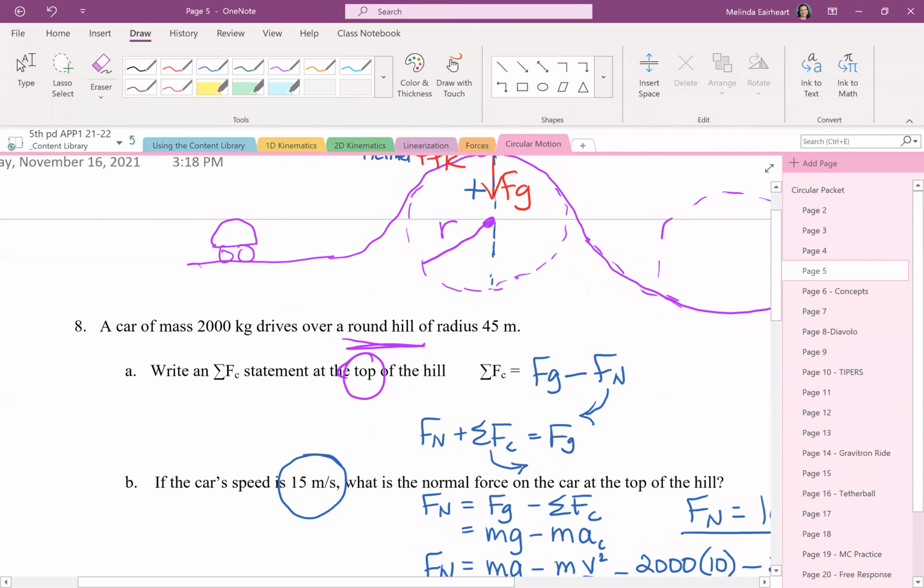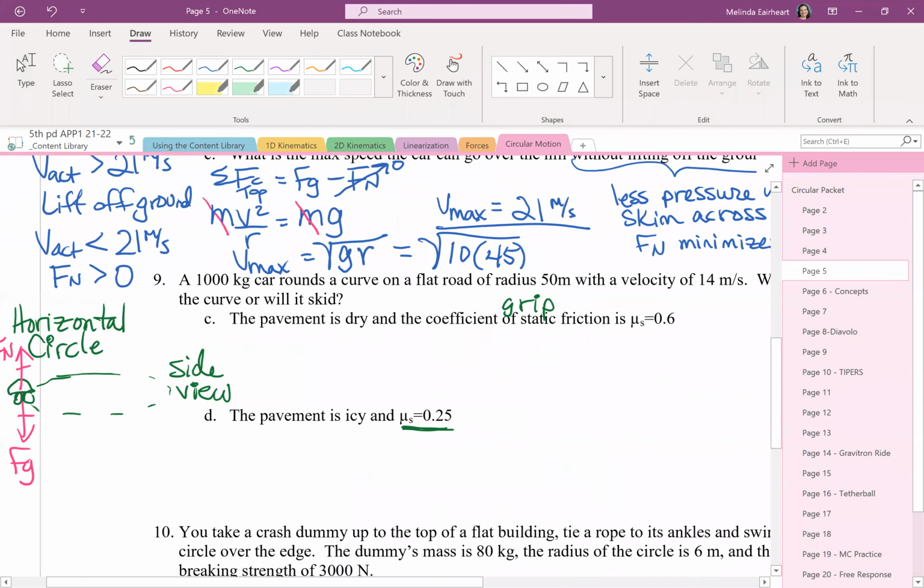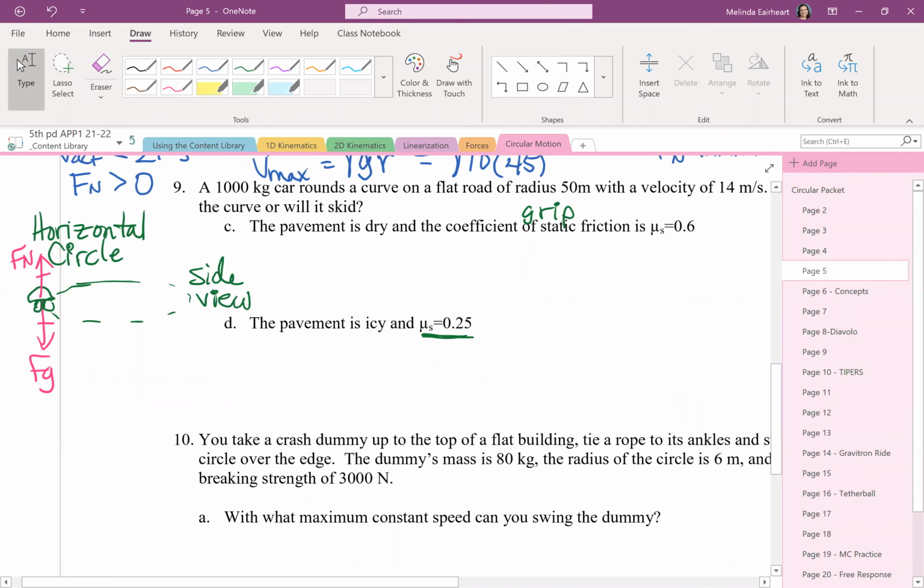Okay. But in this one, it's a horizontal circle. Fn and Fg are vertical forces, so they're not going to contribute to the circular motion. So they're good old-fashioned equal and opposite so that we don't have vertical motion when you're driving on a roundabout, right? And so if they're not going to contribute, who does? Friction. And so last time I walked around the room, I made a circle, I talked about grip.